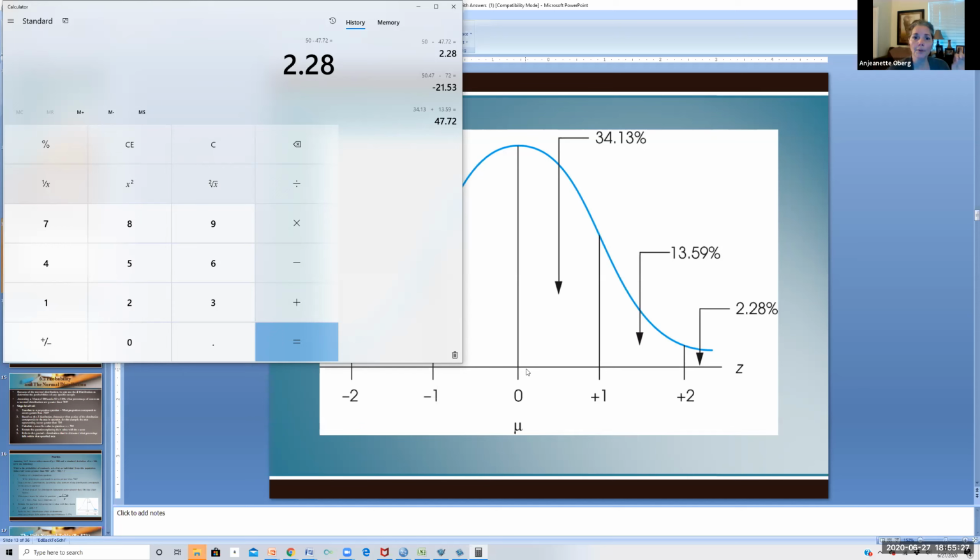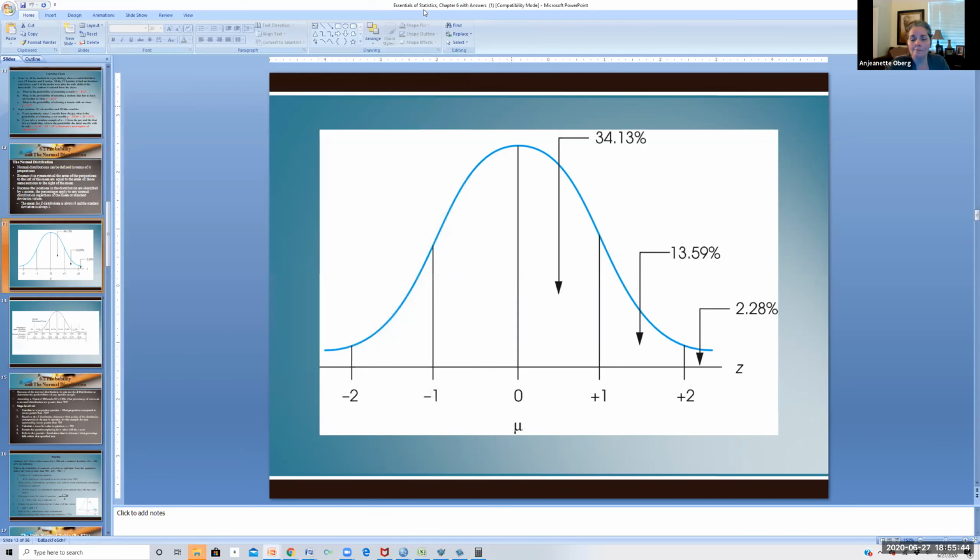You have a z-score of 0.10, 0.20, 0.30, 0.40, and there's a specific probability that corresponds to each of those z-scores. Thankfully, we don't have to figure that out, because some mathematician that loves this and didn't have anything better to do figured it out for us. So I'm going to introduce you to the unit normal table in just a second.